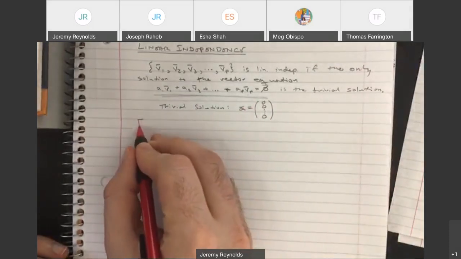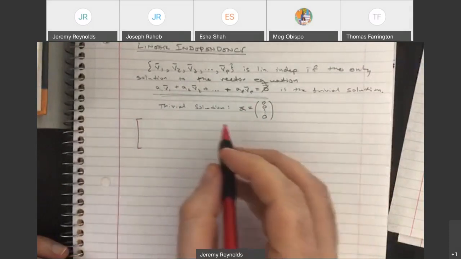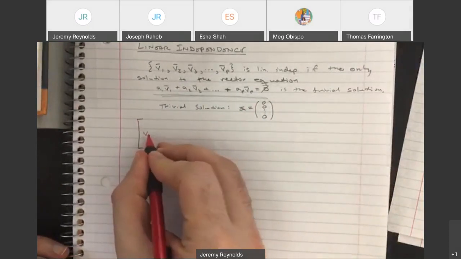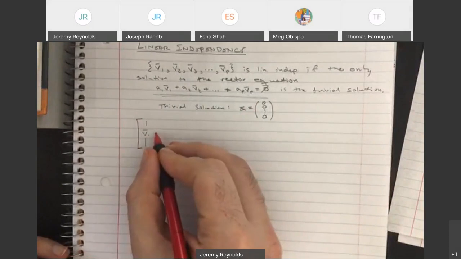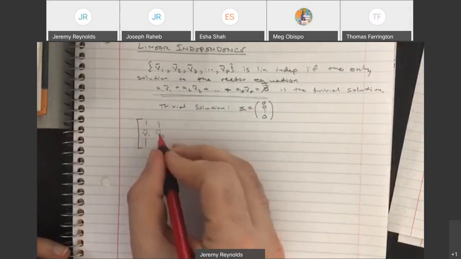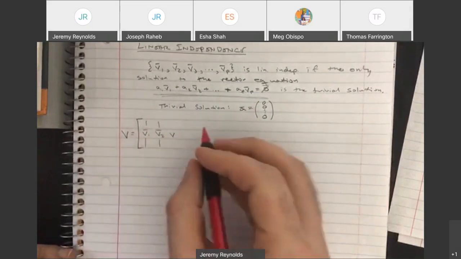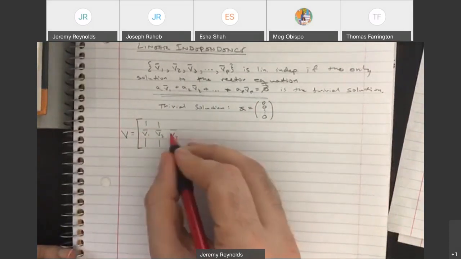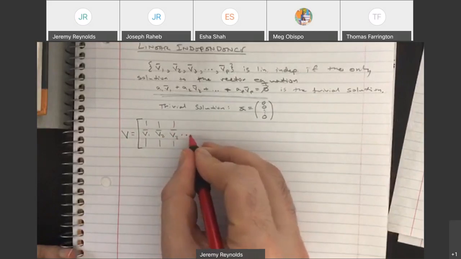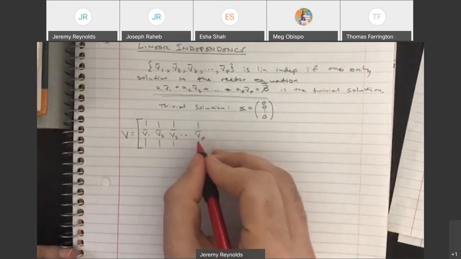Okay. So to check this, we take the set of column vectors and we create a matrix from them. So we have big V equals this set.